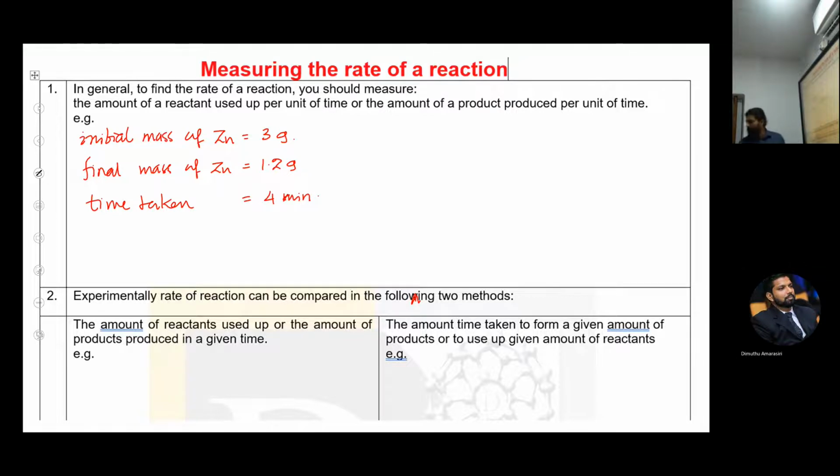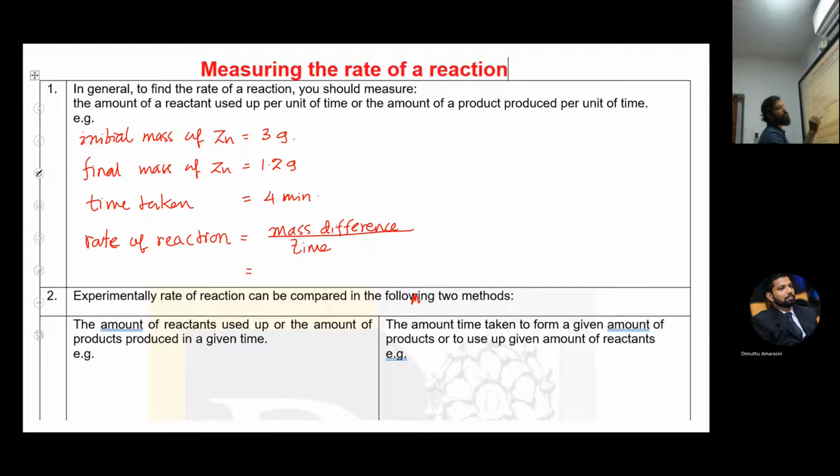So if I ask you what's the rate of reaction, how do you calculate this? Rate of reaction is equal to the mass difference. It should always be a difference, a change, divided by the time taken.